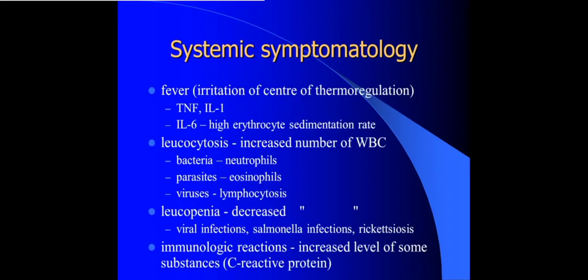Now systemic symptomatology. Systemic symptoms, if inflammation is chronic, then fever occurs, due to irritation of the center of thermoregulation. The number of TNF, interleukin 1 and interleukin 6 will be increased, with a high erythrocyte sedimentation rate.